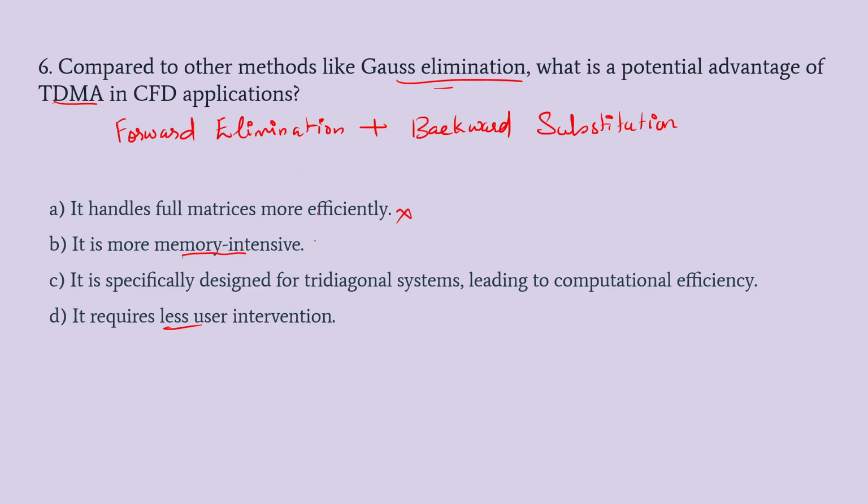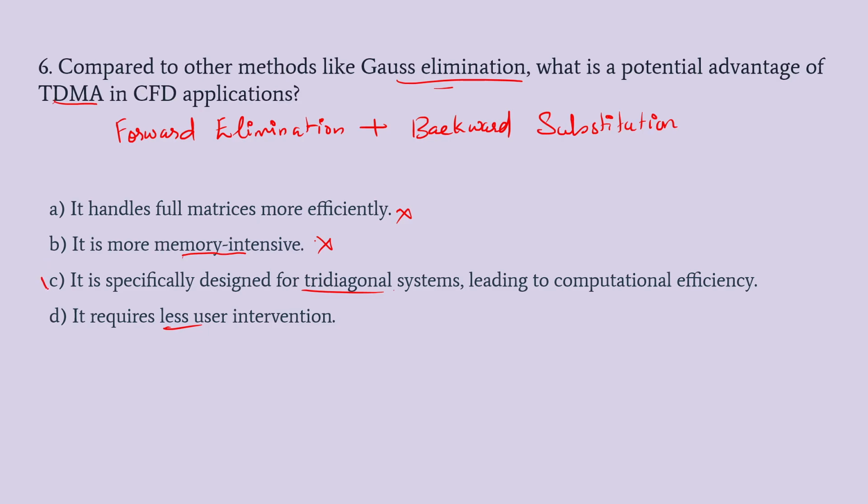When we are eliminating things, what we are doing is reducing the memory usage. So that's again a wrong statement. The third statement, it is specifically designed for tridiagonal systems, that is true, and it leads to computational efficiency.